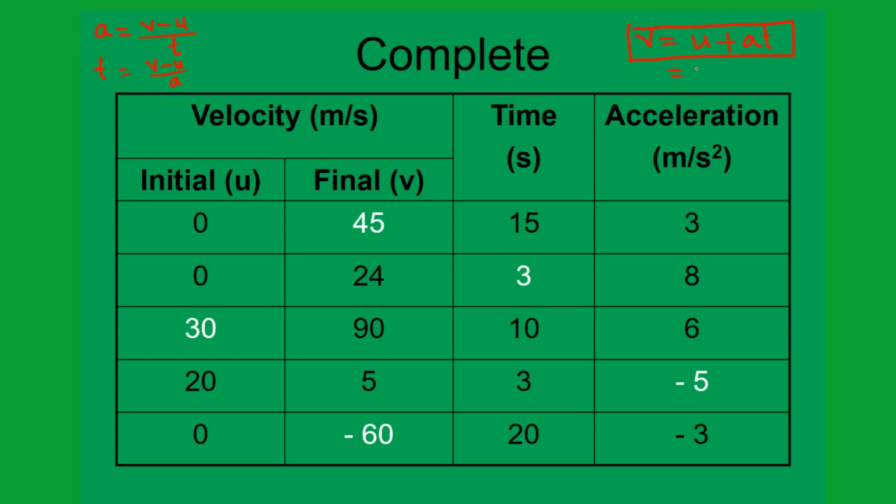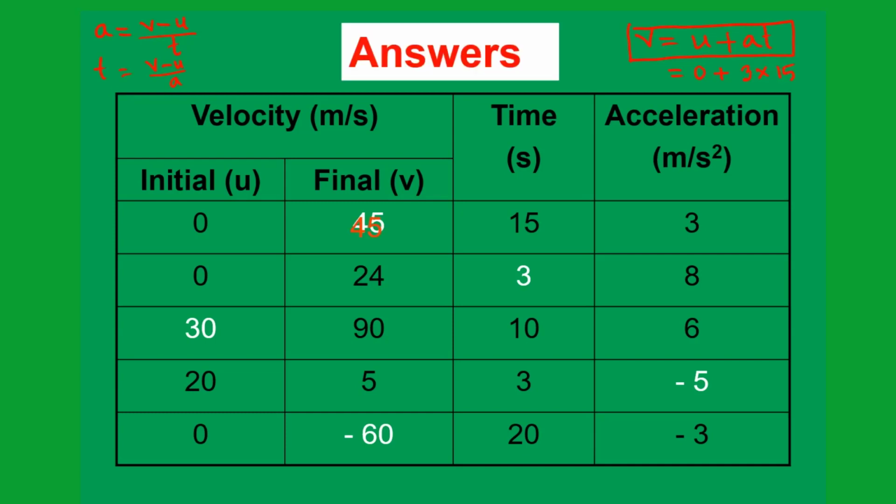So initial velocity is 0 and acceleration is 3 into time 15. So easily we can find out the final velocity will be 45 meter per second. Then same way you can calculate the time t equal to v minus u by a by using this formula.